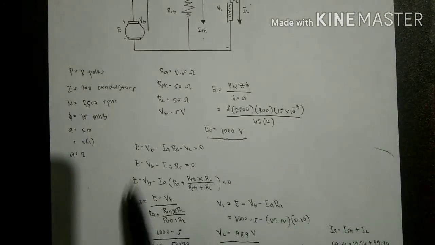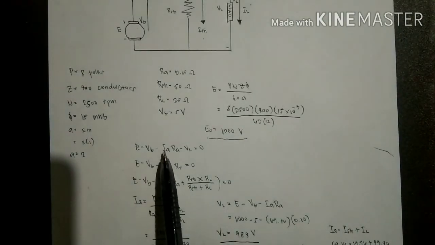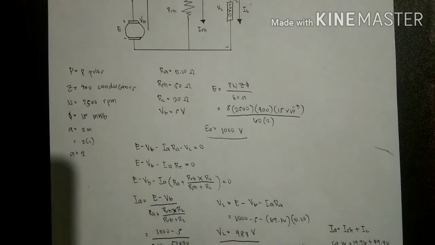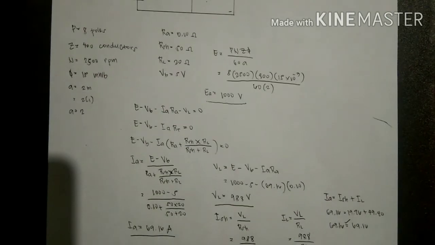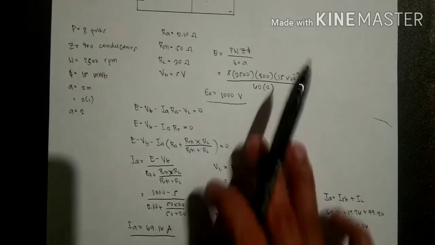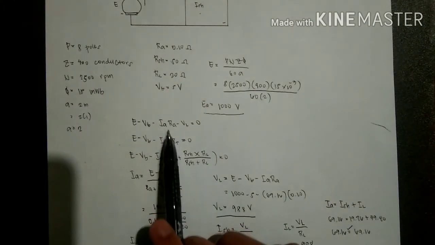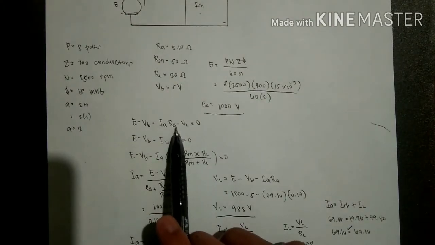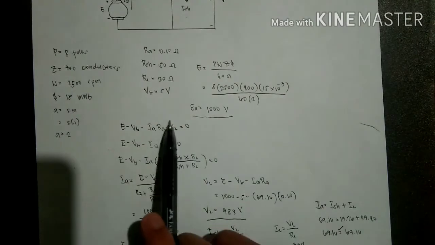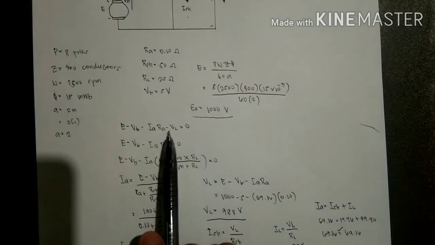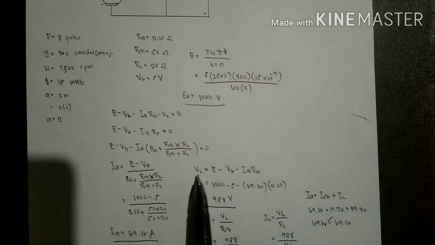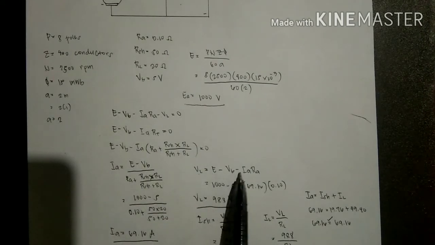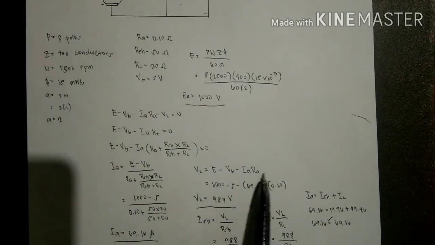Going back to the original KVL equation, since we now have the value of IA, we can go back to this equation and now have our VL. VL is equal to E minus VB minus IA times RA.